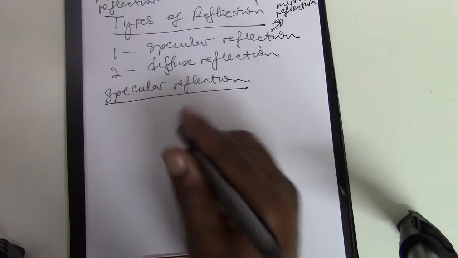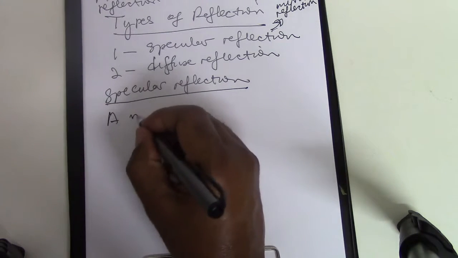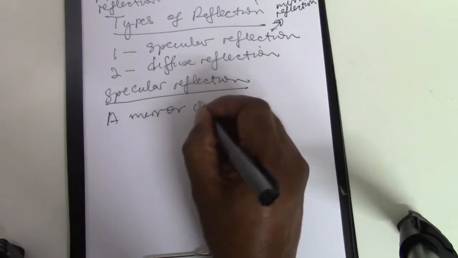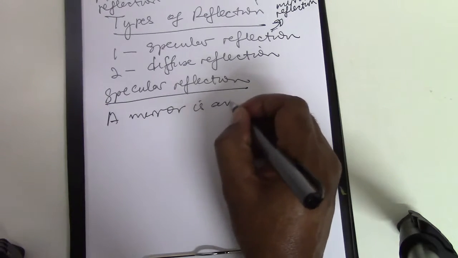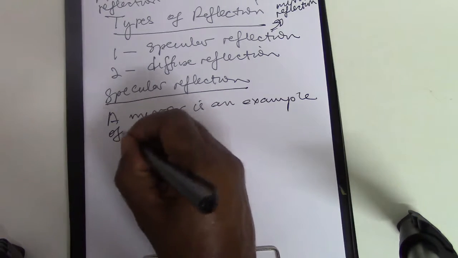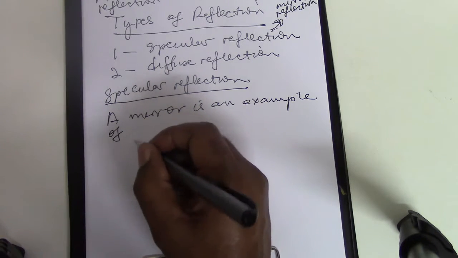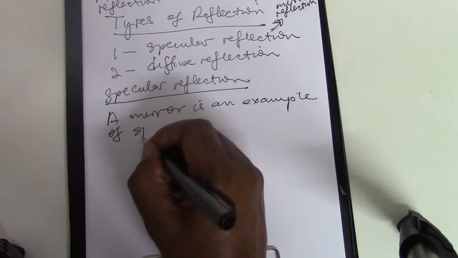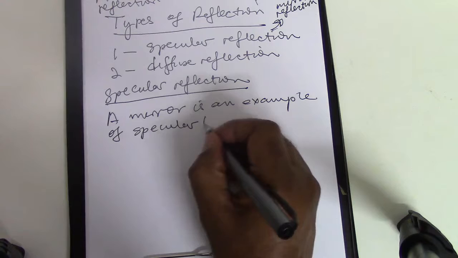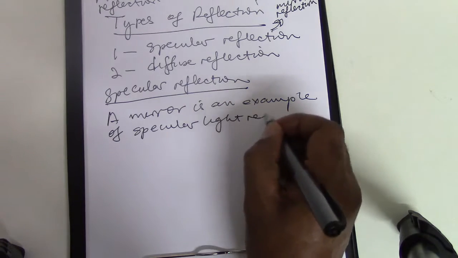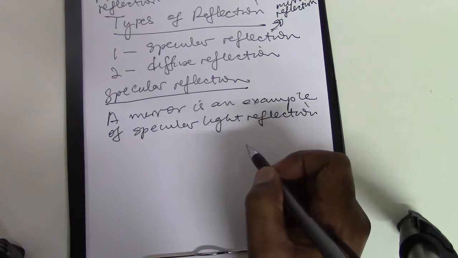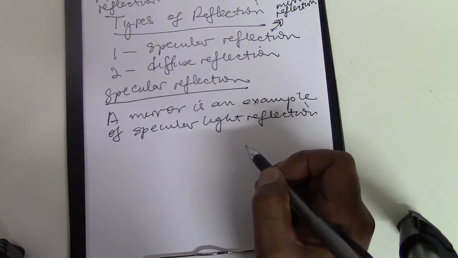Now, a mirror is an example of specular light reflection.